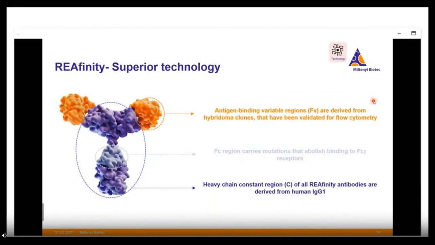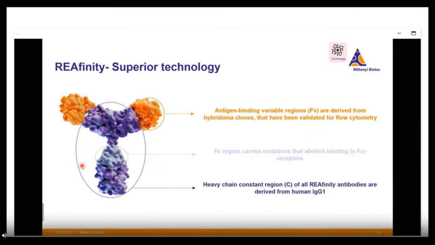When we're talking about the technology itself, here you can see a model of our Re-Affinity antibody. Here we took advantage of genetic engineering to generate this antibody, which contains the antibody variable region, depicted in orange. This is derived from a hybridoma clone which has validated application for flow cytometry, so they are very specific.